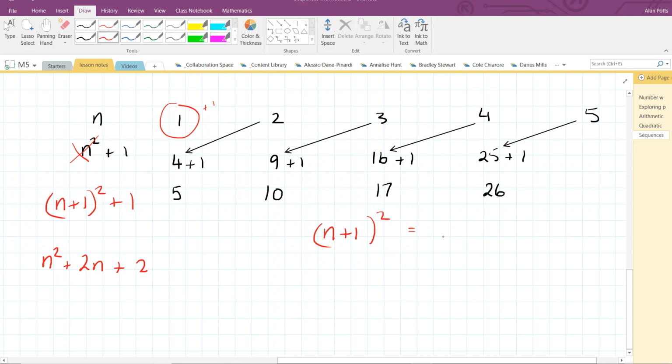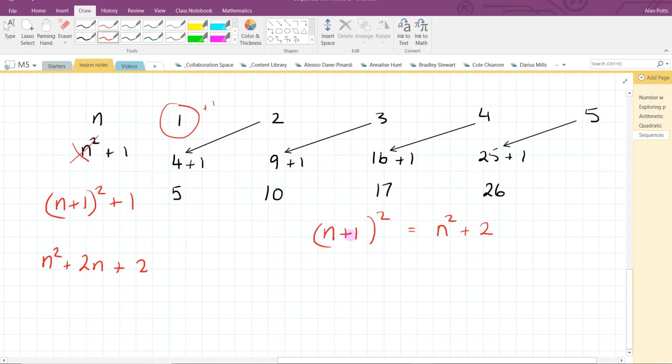It will, the n squared will result from it, but anything else? It will give you the plus 2. So if I do that, what do I get? n squared, another plus 2, 1, 1, 2. Yeah. Any comments on that? You have to expand the bracket.